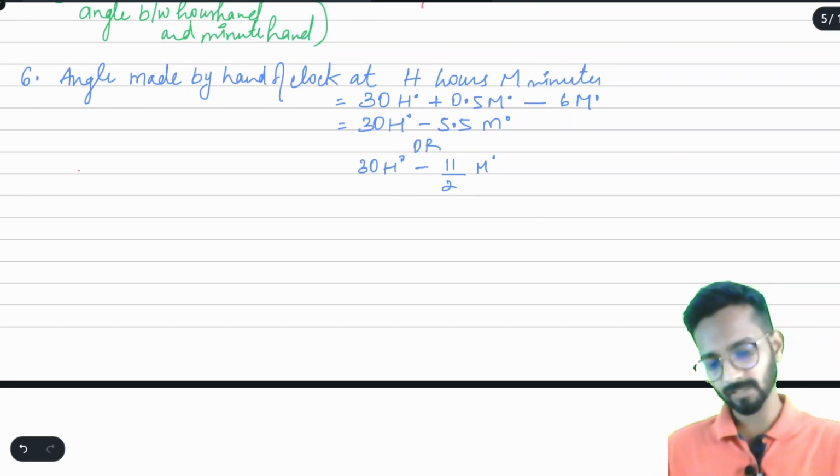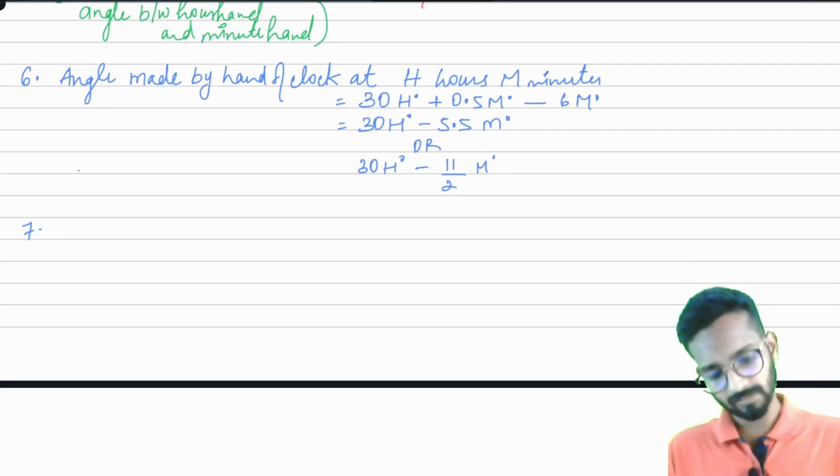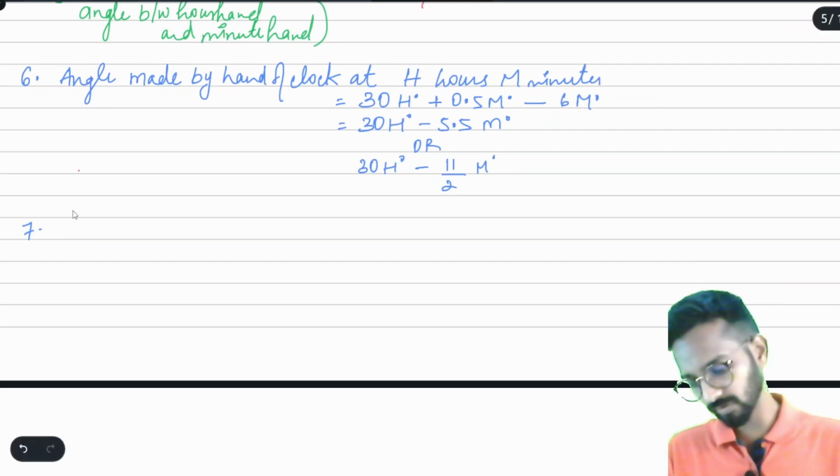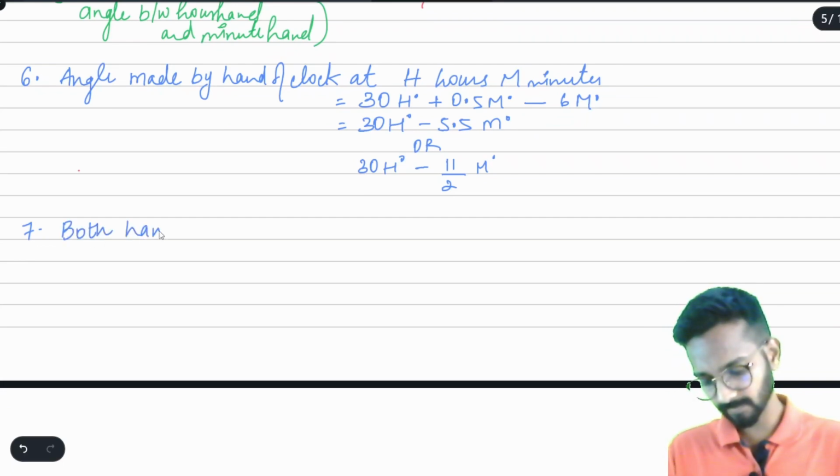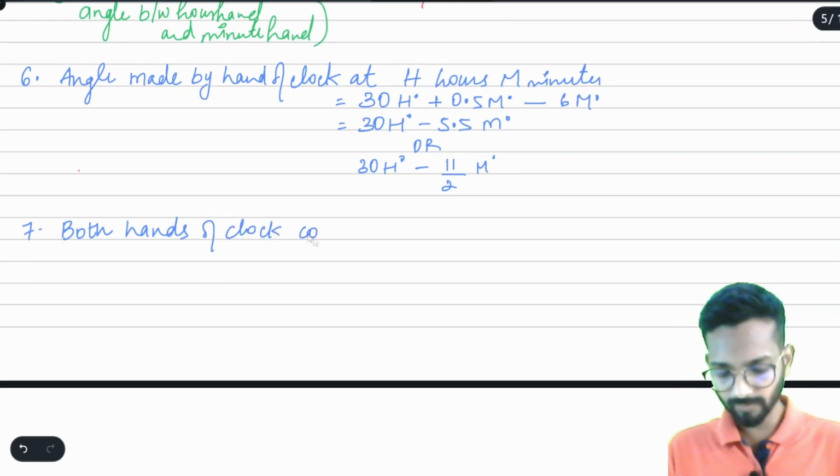a few more facts about the clock, such as point number 7, as it is already given in our book also, that both hands of the clock will coincide 11 times in 12 hours.